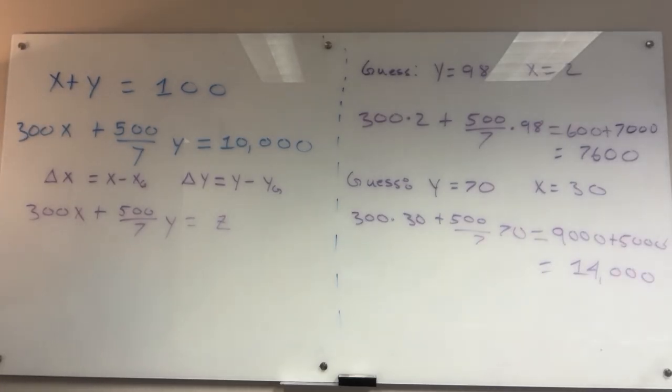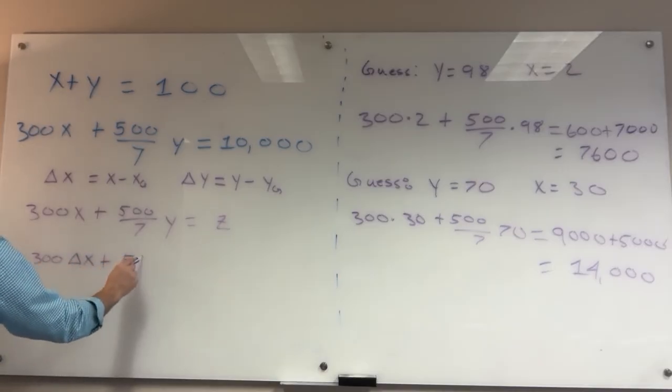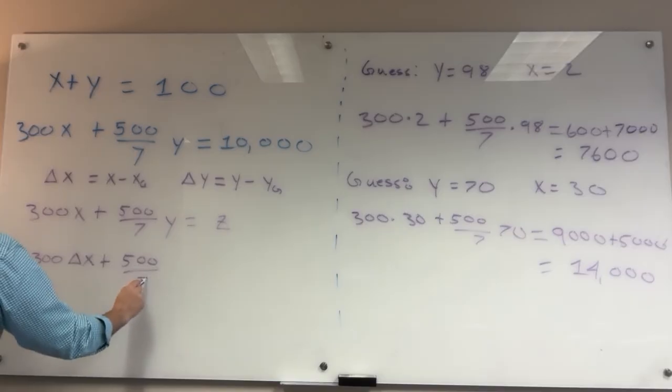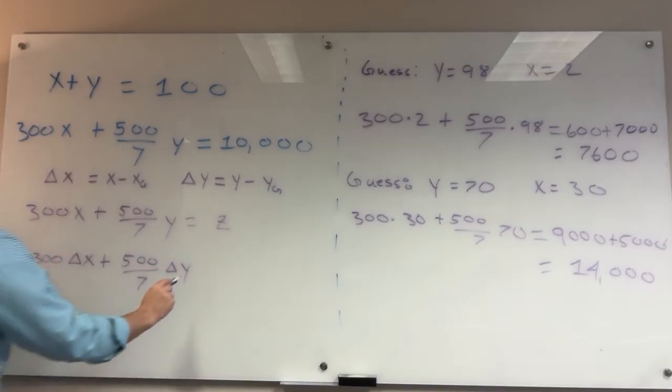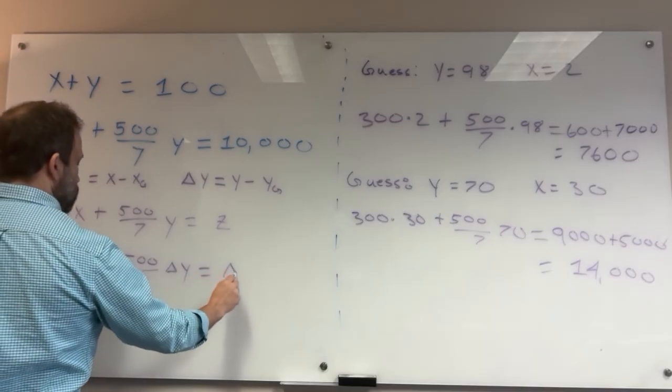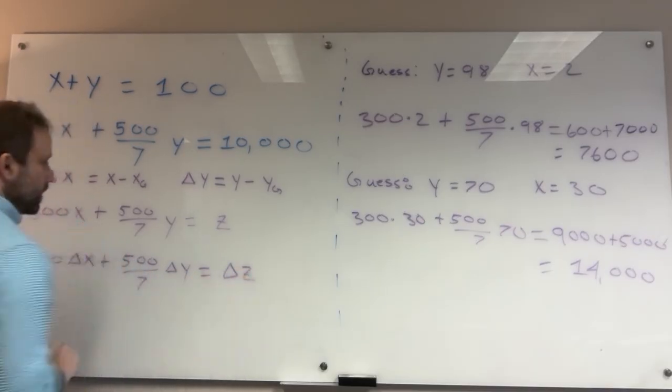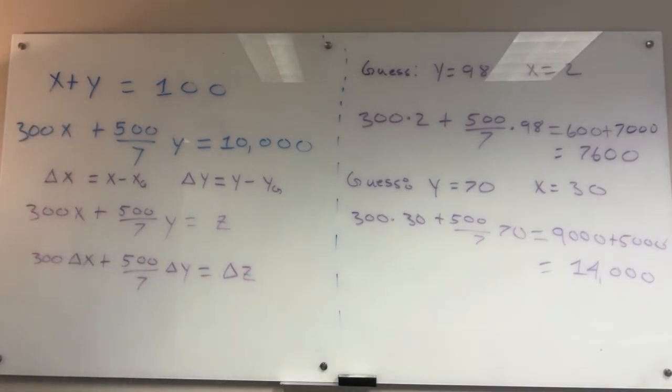So what this means is that 300 times delta x plus 500 over 7 times delta y is equal to delta z.